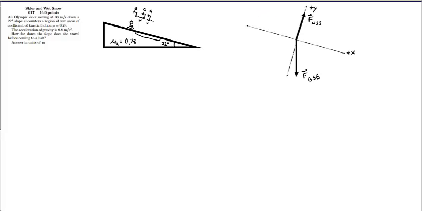And it'll do you some good to think about what size this vector should be. I'm going to purposely draw it pretty big here. And the last thing I'm going to do is label that, and that is the force of kinetic friction acting on the skier, again from the slope.